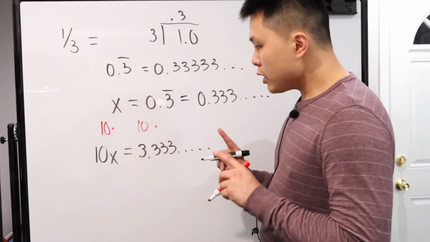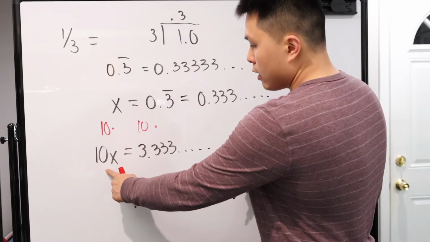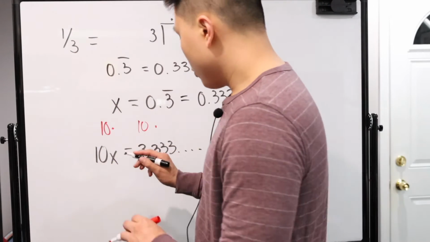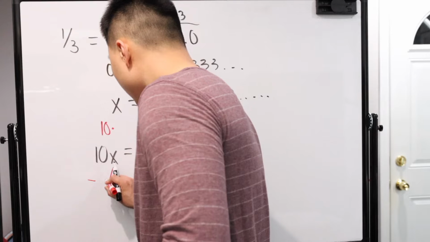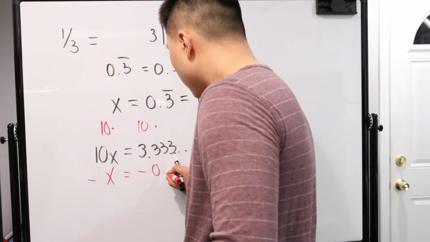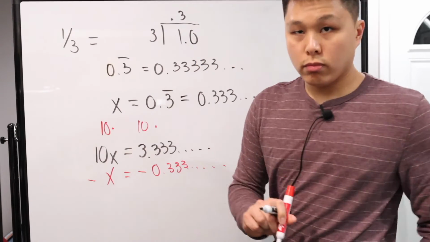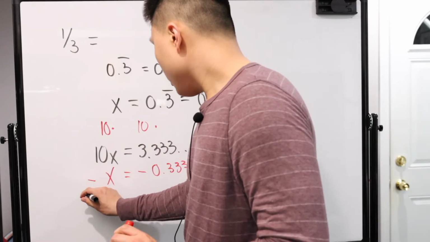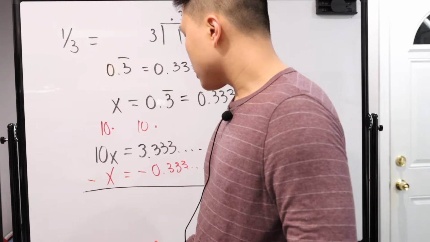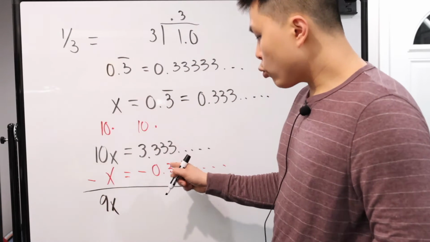So what we're going to do is take the original x and subtract it from 10x. So when we subtract x on this side, what that means is I'm subtracting 0.333 and so on. Well, 10x minus x is just 9x. This is where the magic comes in.